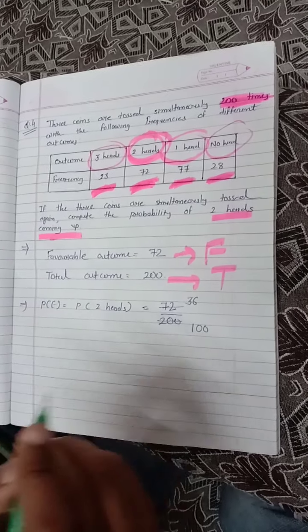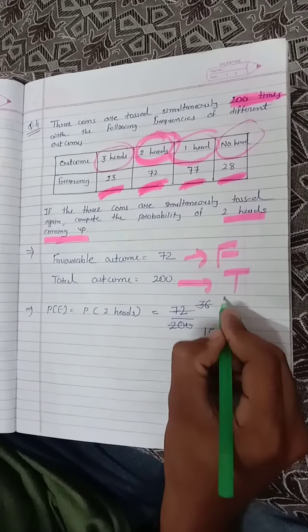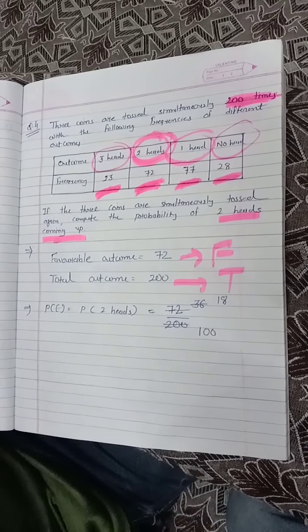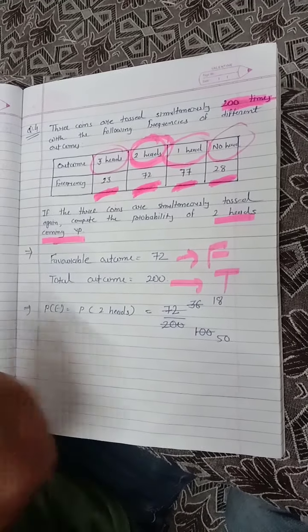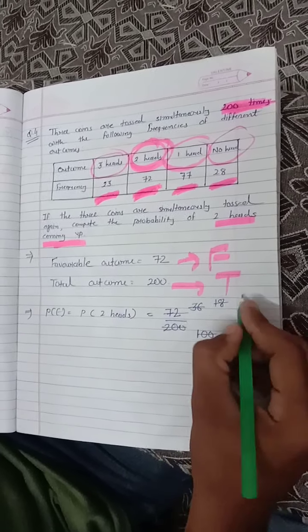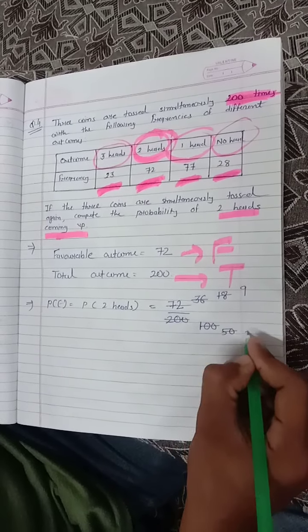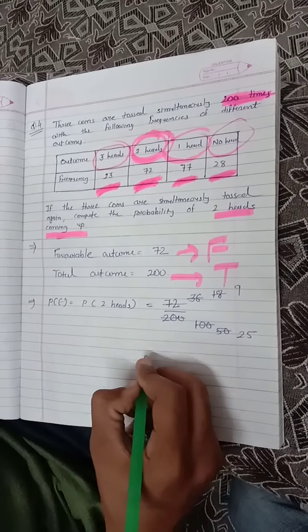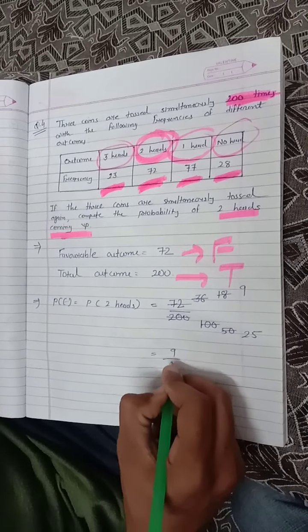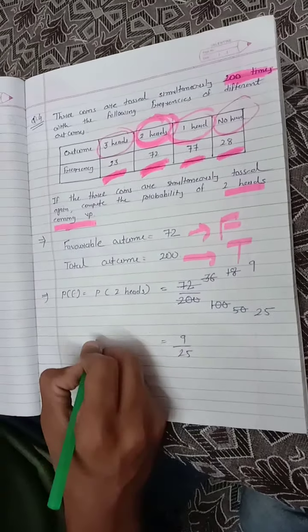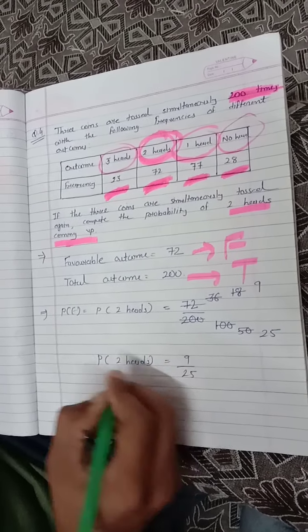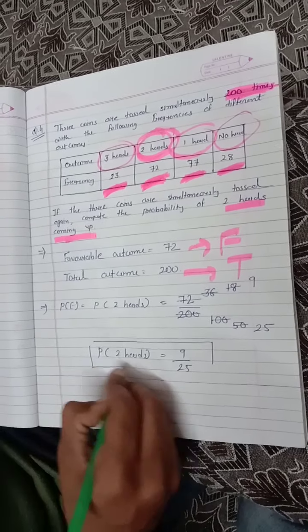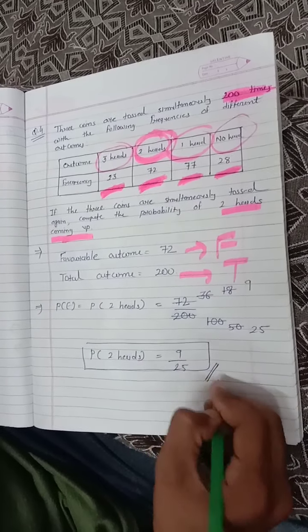Again cutting with 2, 2 18s are 36, 2 50s are 100. Again cutting with 2, 2 9s are 18, 2 25s are 50. It means 9 upon 25. Probability of 2 heads and 1 tail. This is your final answer.